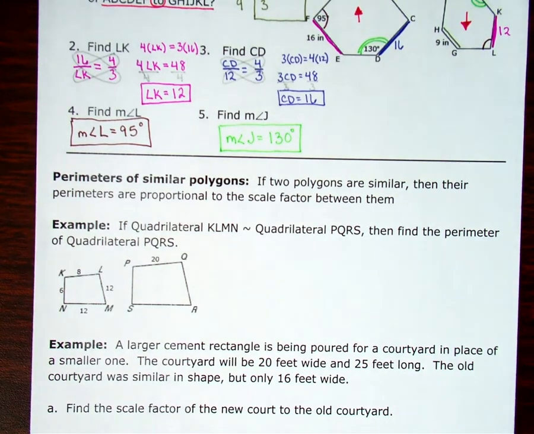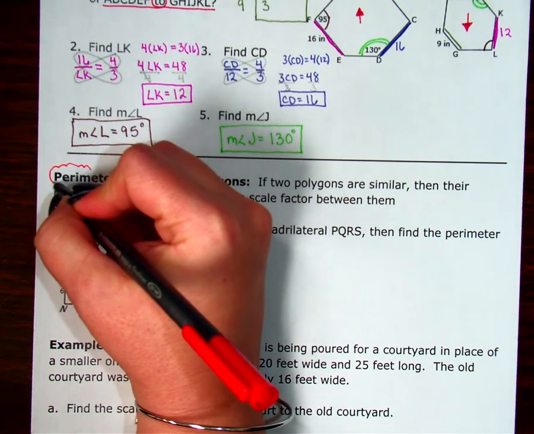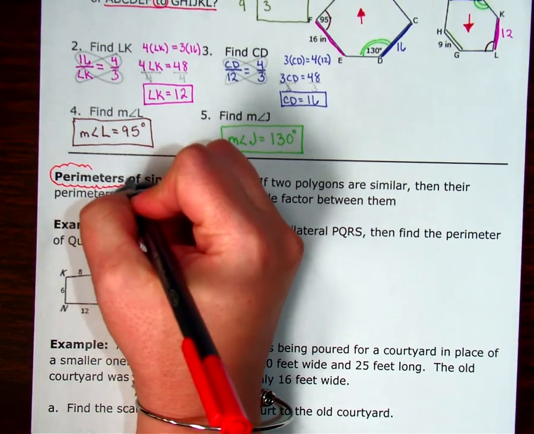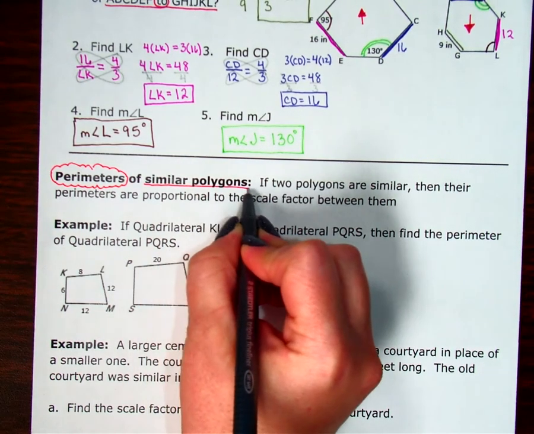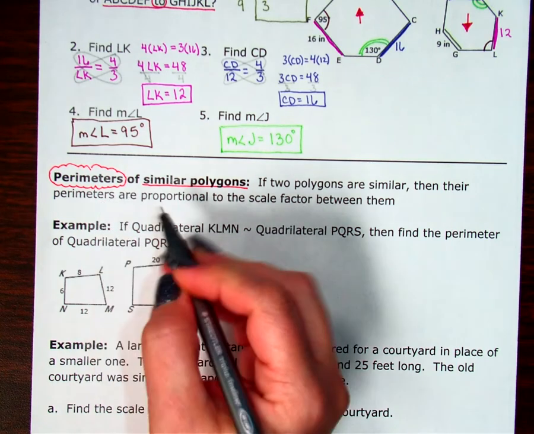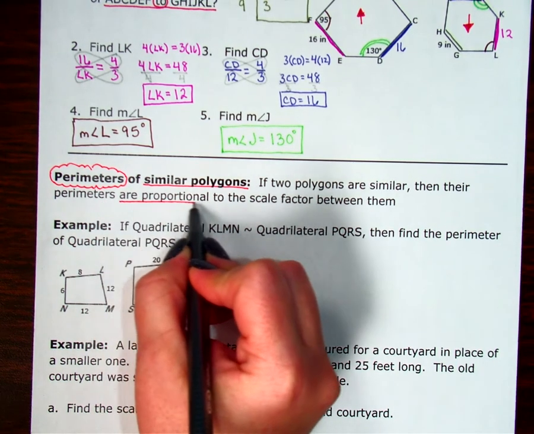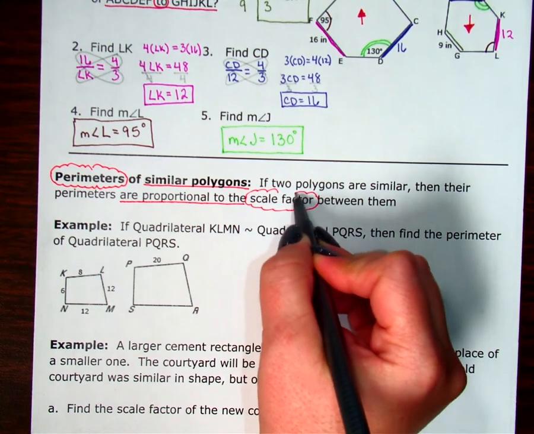So when we're looking at perimeters of similar polygons, I'll bold this for myself when I look back at my notes. Perimeter of similar polygons: if two polygons are similar, then their perimeters are proportional to the scale factor. So that means they're going to reduce.